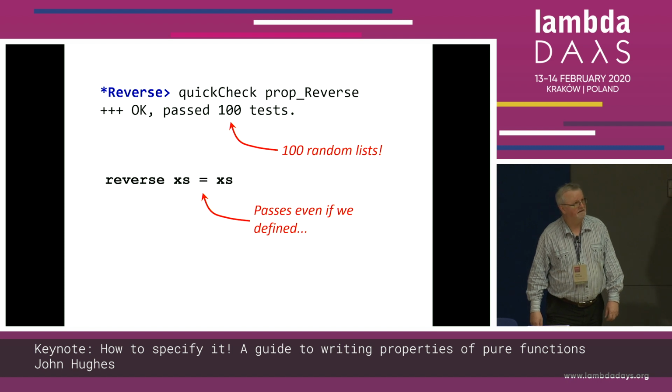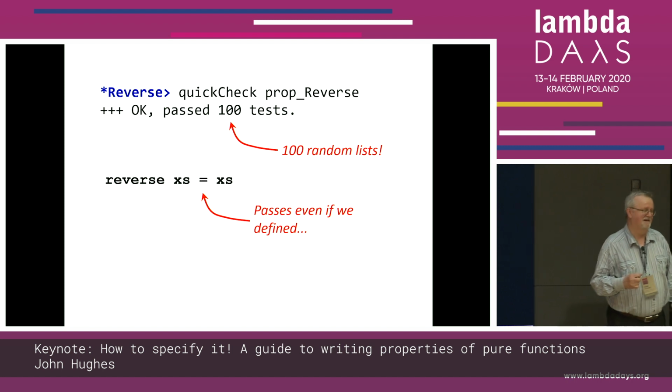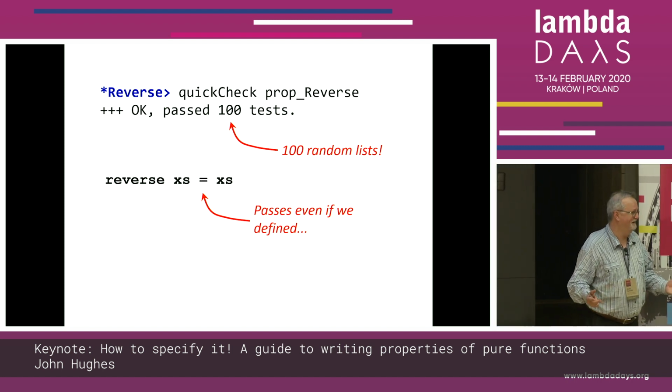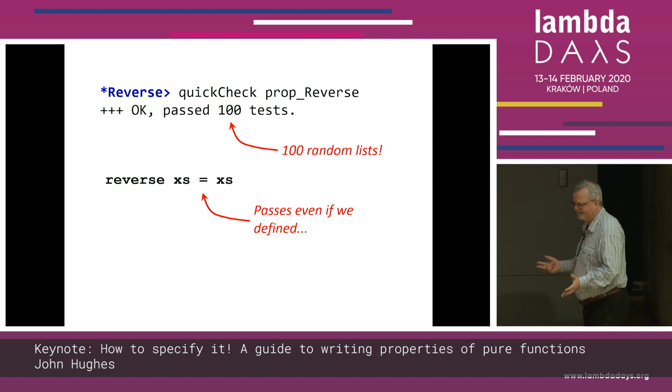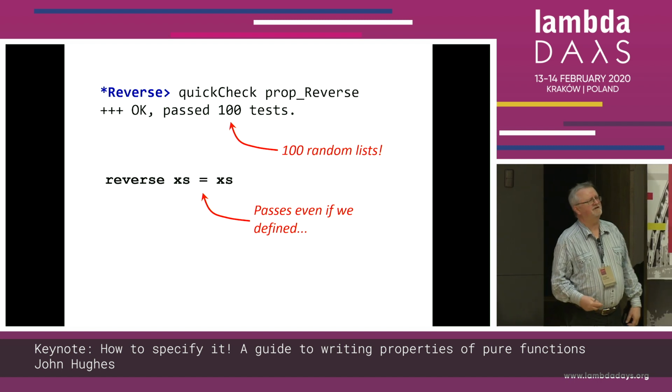There's just one problem with this. What if I had written reverse in this particularly stupid way? Now, you might think, surely nobody is that stupid. But sometimes I don't want to write the code of a function straight away.